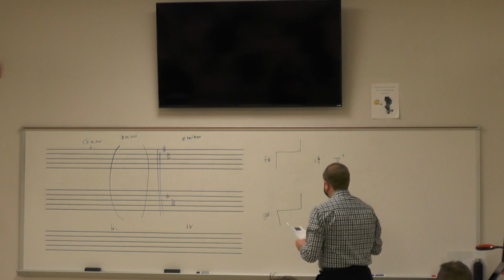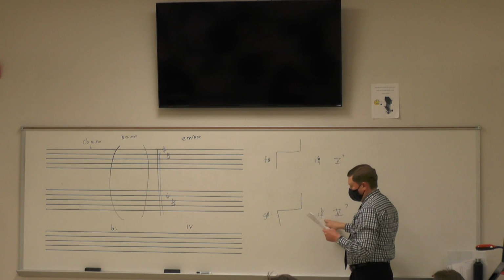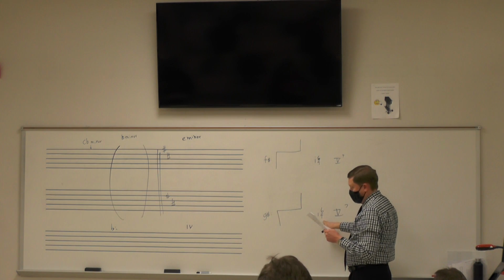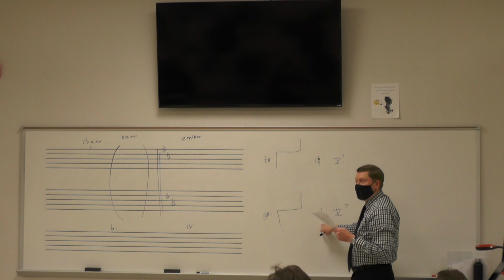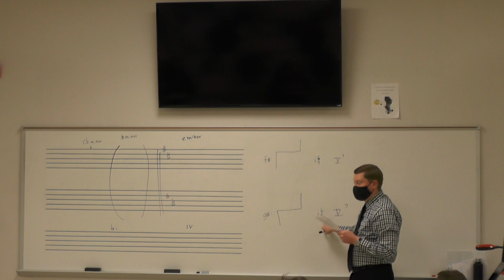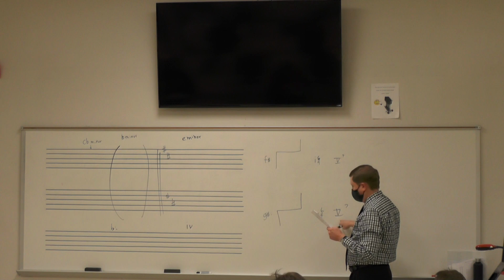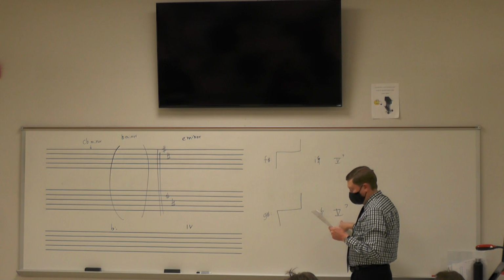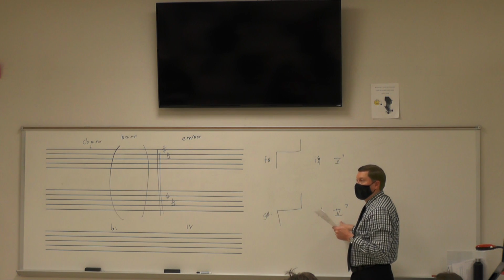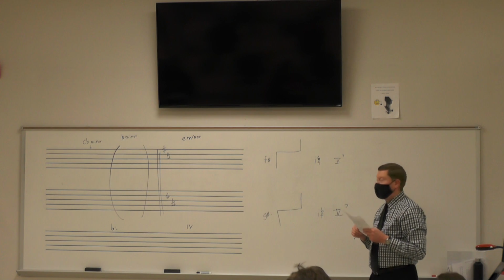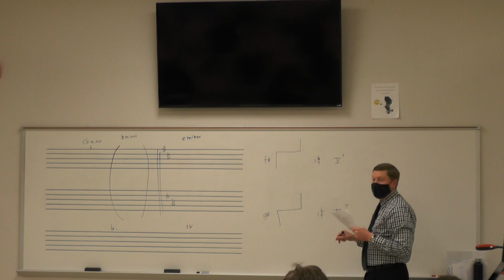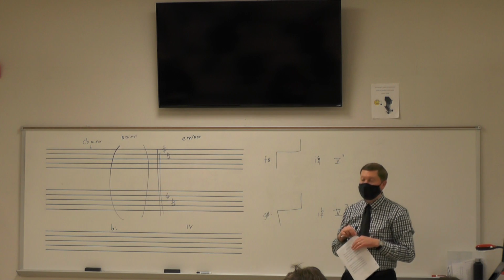In G sharp minor, you're going to have the 6/4 chord. You have a G sharp in the top voice, some D sharps, and then a B natural. That makes a G sharp minor. And then in the next chord over here, you have D sharp, F double sharp, A sharp, and C sharp, which actually helps spell a D sharp major minor 7th, or D sharp dominant 7th chord, which would be a 5/7 in the key of G sharp minor.